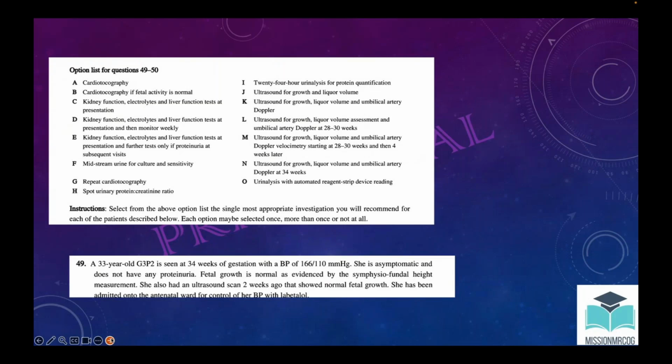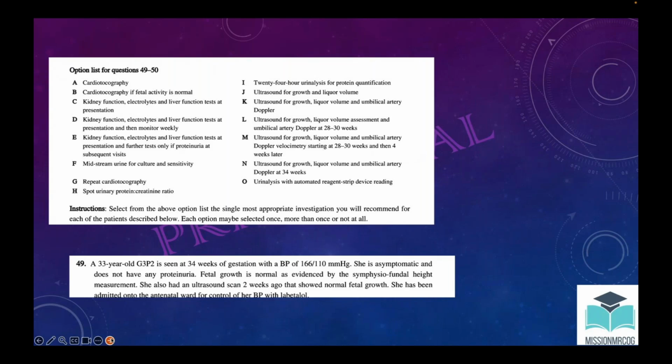a patient with blood pressure of 166/110. She's asymptomatic, no proteinuria. That means she has gestational hypertension, and the USG scan shows normal growth. She has been admitted for control of BP with labetalol.